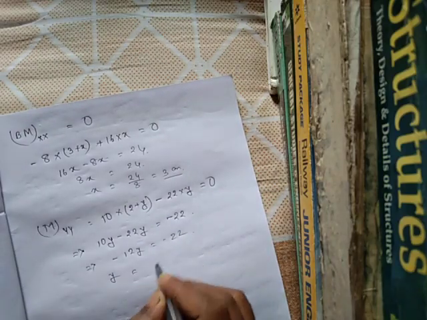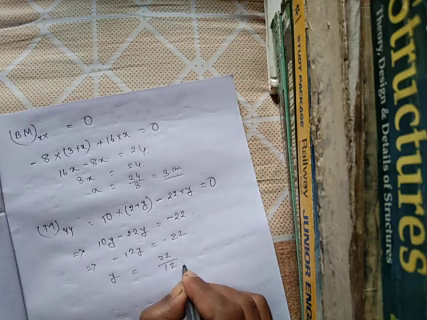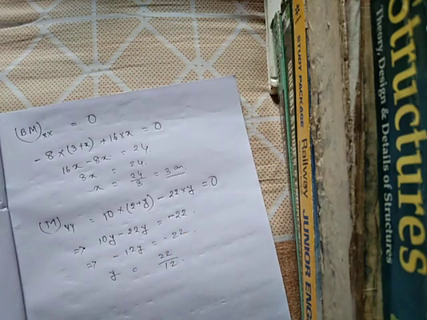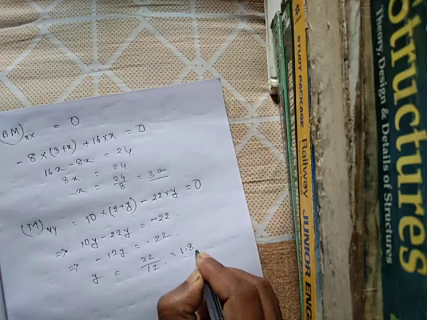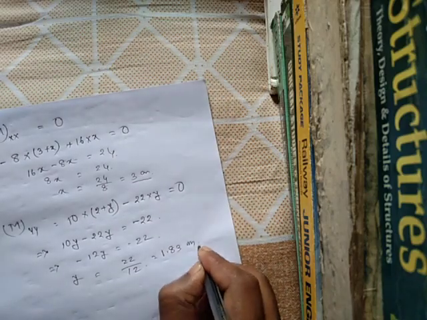So y is equal to about 22 divided by 12, which is 1.83 meter.